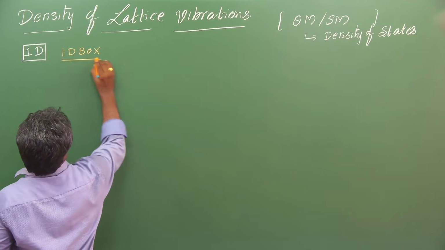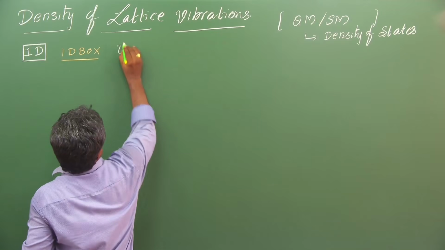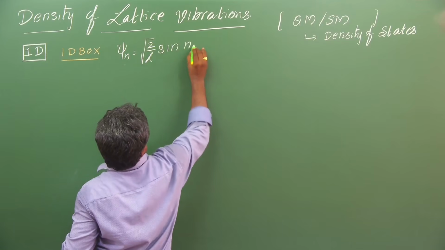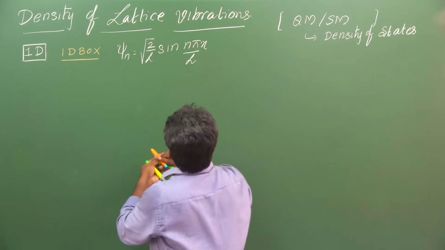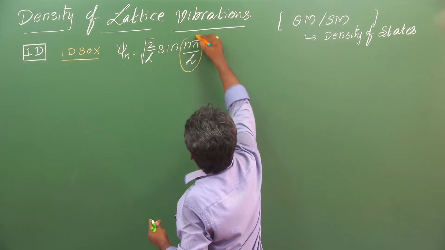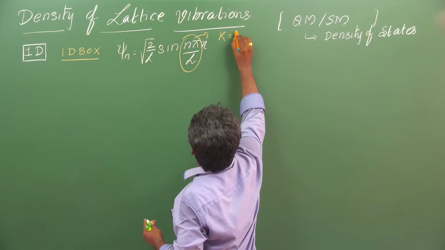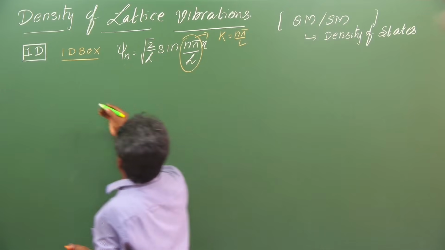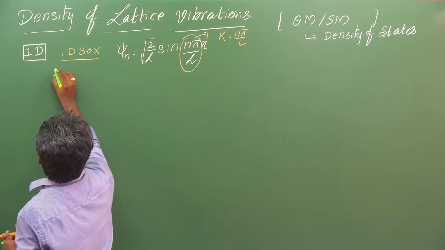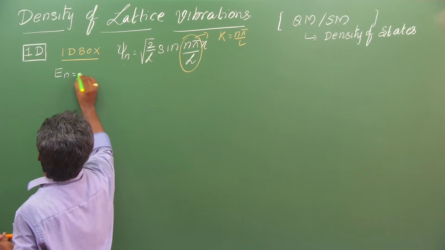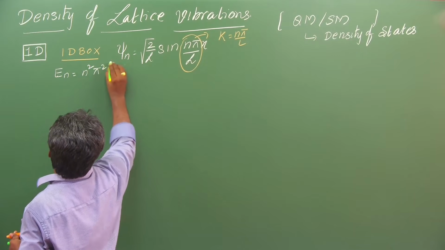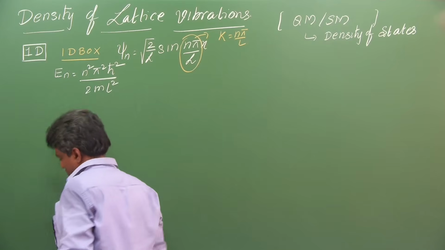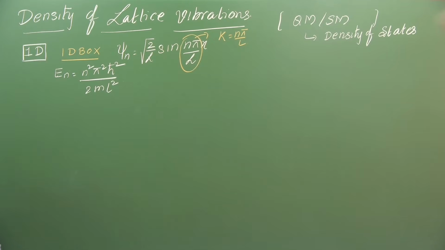The wave function psi equals under root 2 by L sin n pi x by L. I hope everybody knows n pi by L is nothing but k, which we got in the derivation. After that the energy En equals n square pi square h cross square by 2m L square.